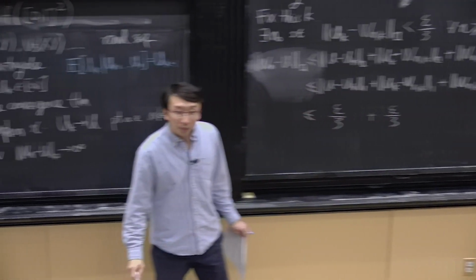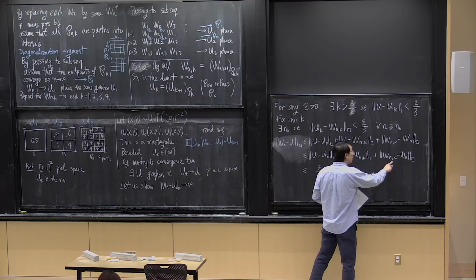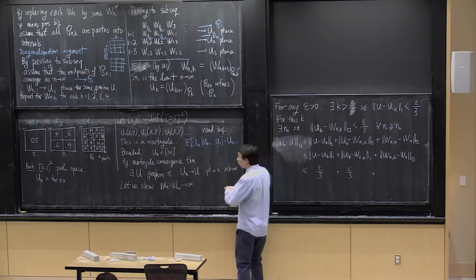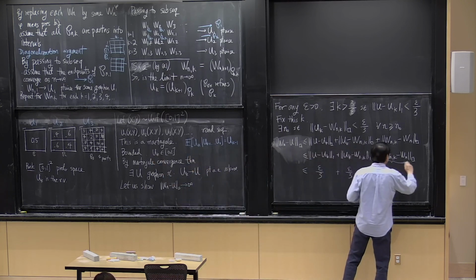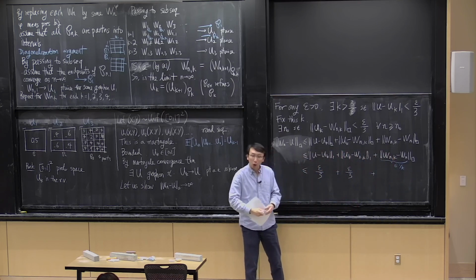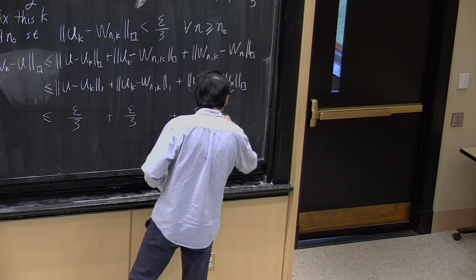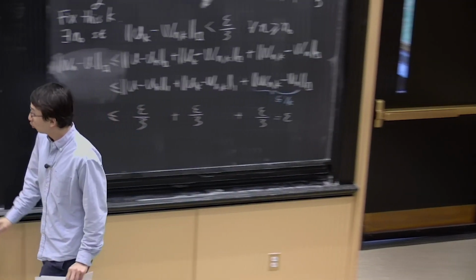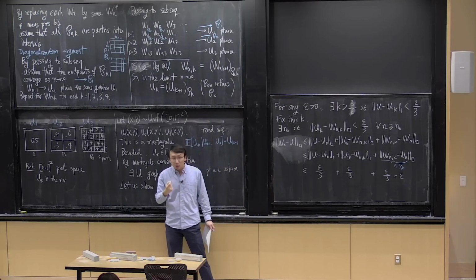And the third term is also going to be at most epsilon over 3 because, from the regularity approximation, I know that it is at most 1 over k, and I chose k large enough so that it's also at most epsilon over 3. Put everything together. We find that these two differ by at most epsilon if n is large enough.